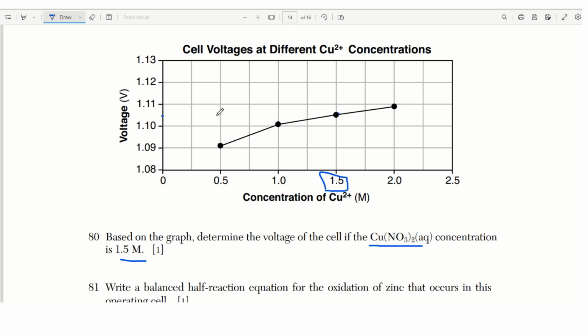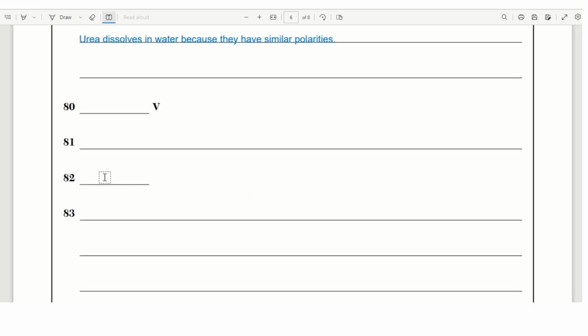And I don't know, it kind of looks maybe halfway. So I just have to be careful because I need to write 1.10 and then estimate. Okay, so my answer is going to be 1.10, like 5, if I say it's halfway.